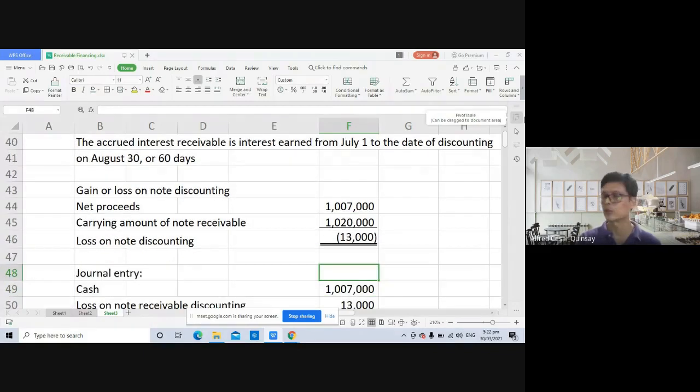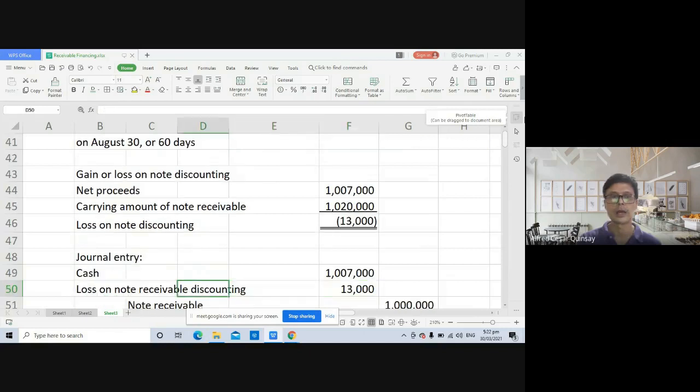Okay, so going to this journal entry, so debit cash for 1,007,000, okay, and then loss on notes receivable for 13,000, ayun siya. Okay, so naka-debit siya. Debit cash for 1,007,000 kasi ito yung tinanggap niya. Of course, pag nag-increase yung cash mo, pag nakatanggap ka, debit 'yon.